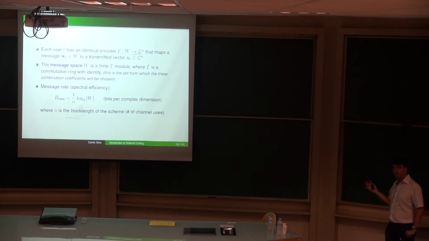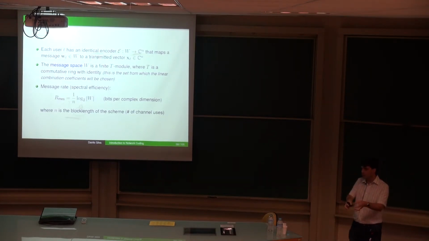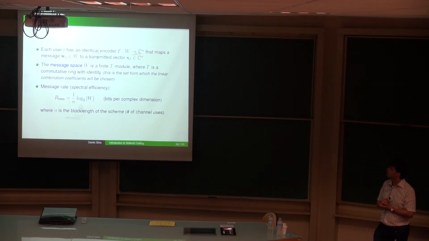So this ring you can think of as the ring from which the coefficients of the linear combinations will be chosen. Okay, so the message space has to be a T-module. So you have to be able to multiply elements from the message space by elements from this ring T.